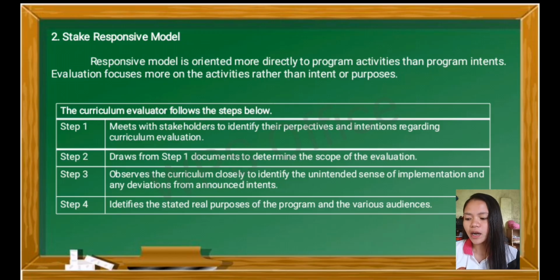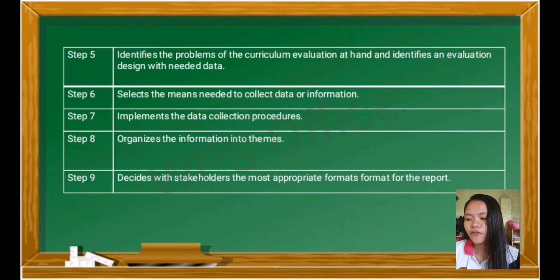Step 4 is to identify the stated and real purposes of the program and the various audiences. Step 5 is to identify the problems of the curriculum evaluation at hand and identify an evaluation design with needed data. Step 6 is to select the means needed to collect data or information.